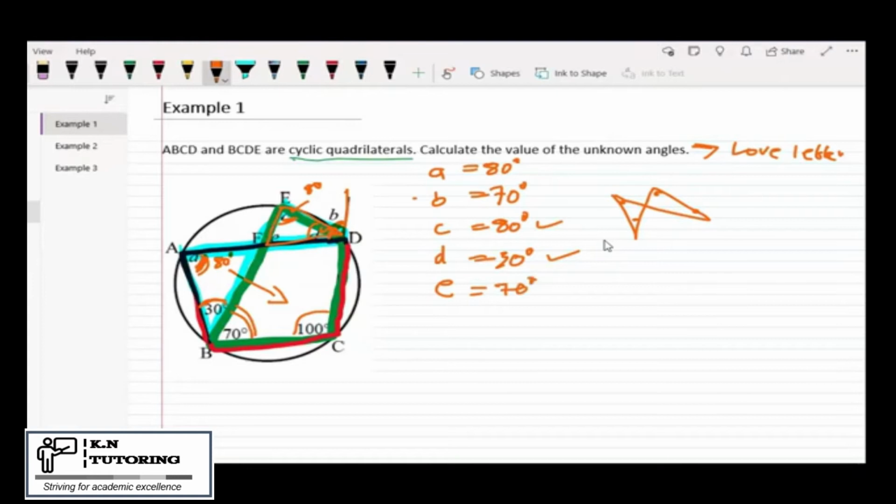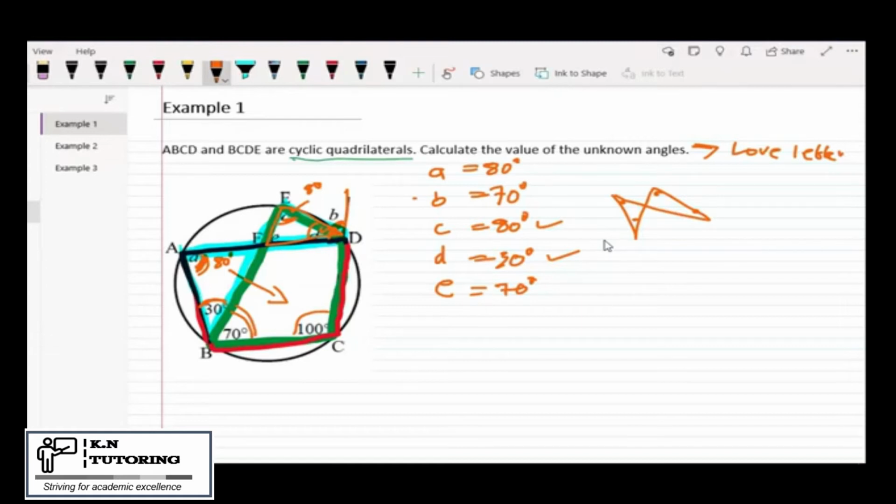How do we know this? If you add this and add that, and you subtract them from 180, you will get 70. How do we come about this? Angles in the same triangle add up to 180, the sum of the interior angles of a triangle add up to 180.